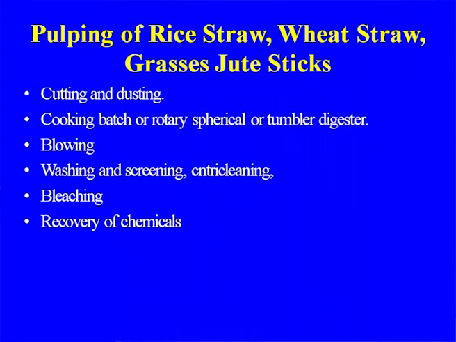These are the various stages here: cutting, cooking and the blowing, washing, bleaching, recovery of the chemicals. Earlier it was not there, but in case of the bagasse base they are having the recovery, and in agro base now that is mandatory and people have gone for the recovery of the chemicals. Or some of the mills have shifted from the agro base to the waste paper based mill.